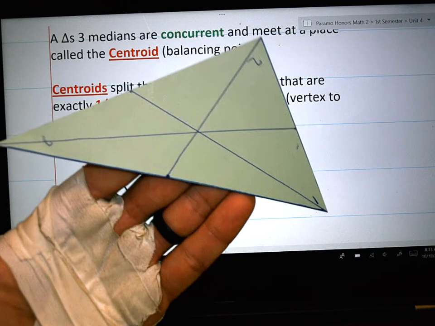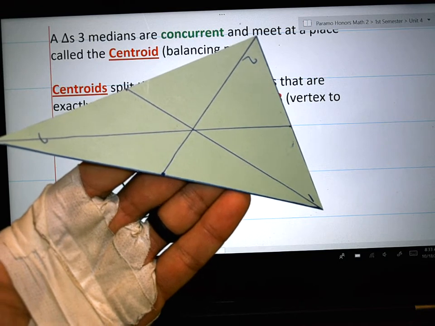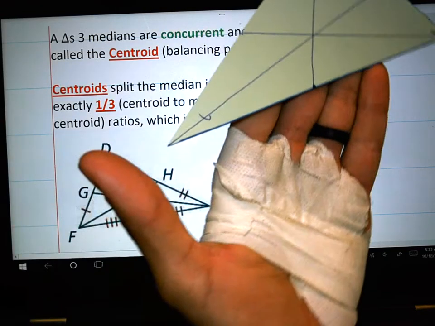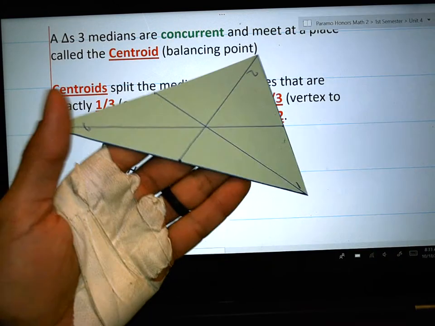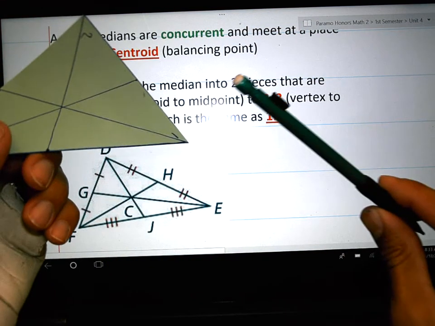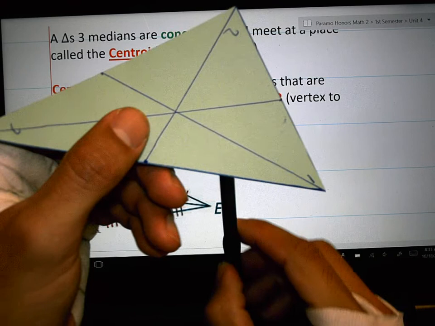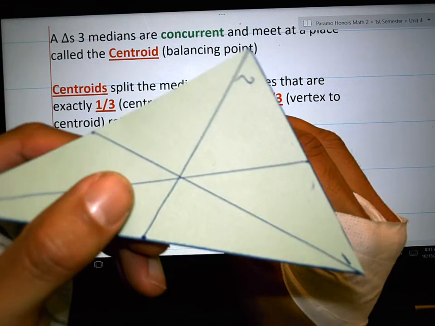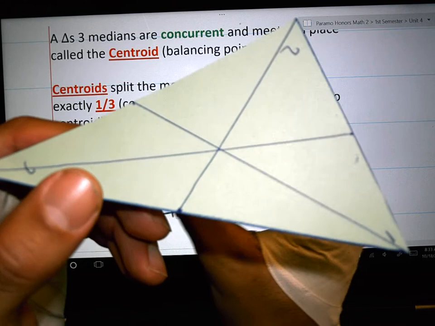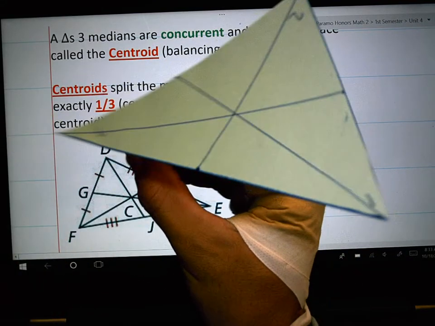The physical property that this has is that if I get a pencil and I were to stick this pencil right underneath that centroid, it's also known as the balancing point of this triangle.